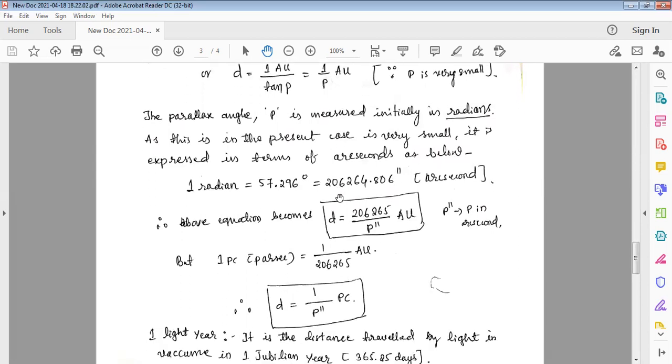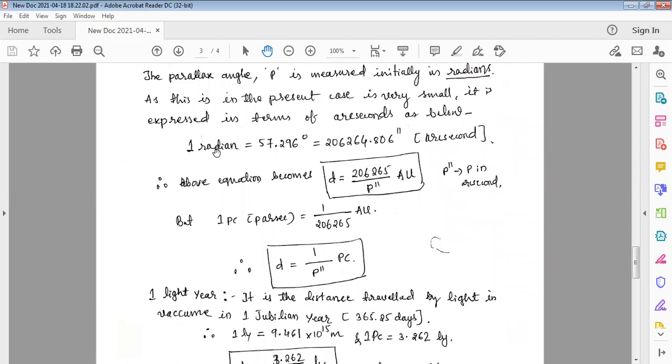The parallax angle p is measured initially in radians. As it is very small in the present case, it is expressed in terms of arc second. One radian is equal to 57.296 degrees, and these degrees are converted into seconds, which is called the arc second.